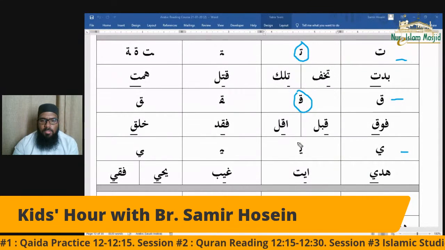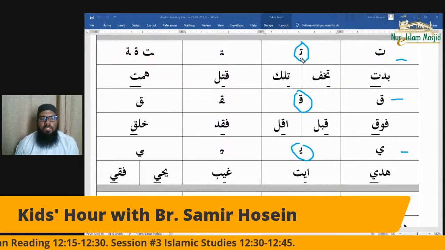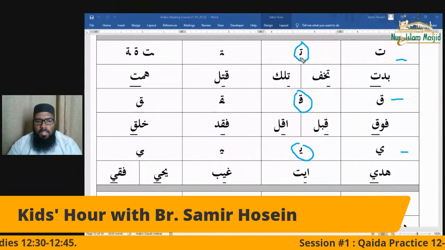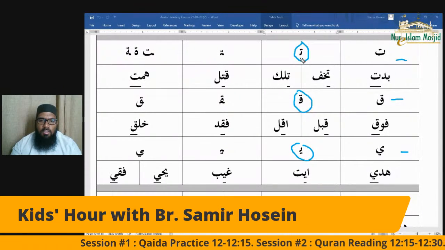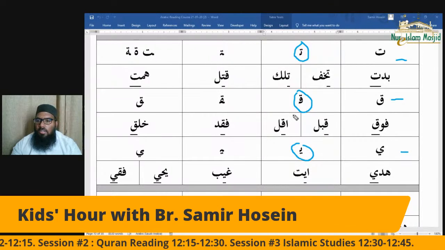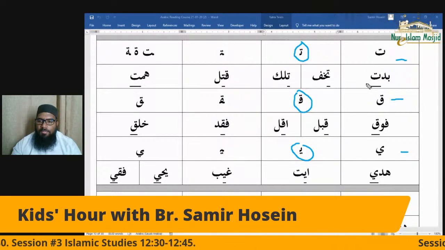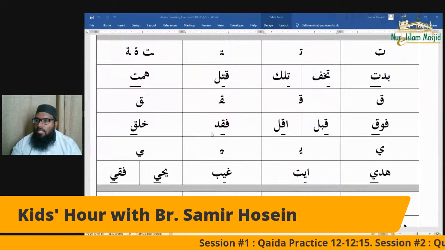The difference between ta and ya is that ta has two dots above the letter, while ya has two dots below. If we take our time and check the shape of the letter as well as the dots, we're never going to, inshallah, make the mistake of confusing any one of these three letters. Today, inshallah, we're moving on to the next couple of letters.